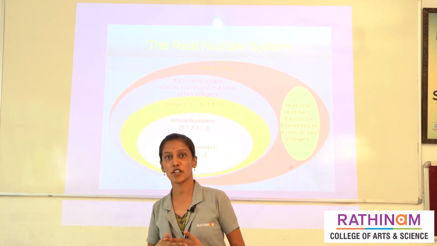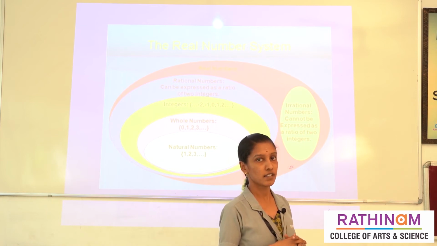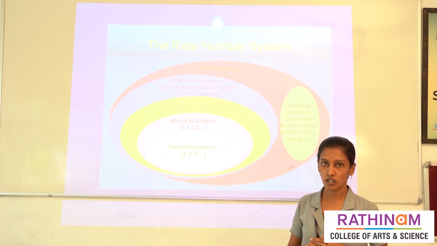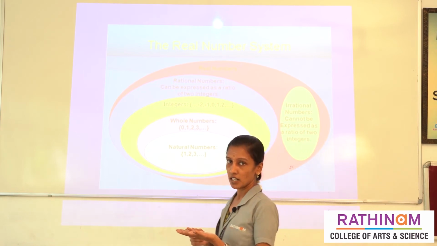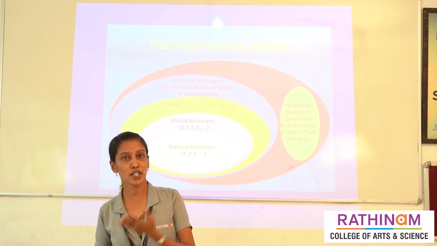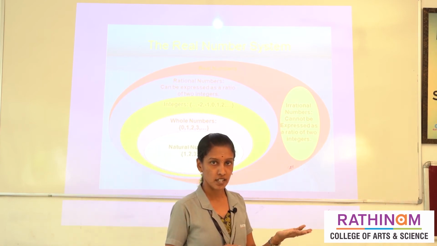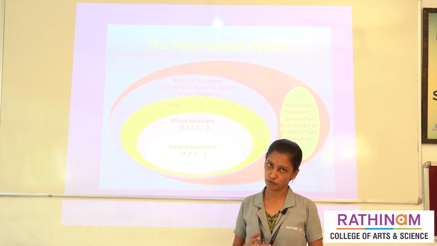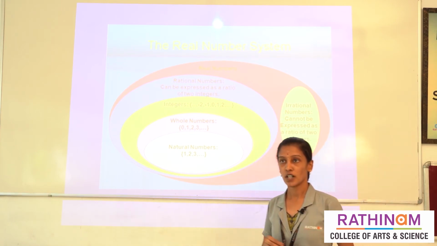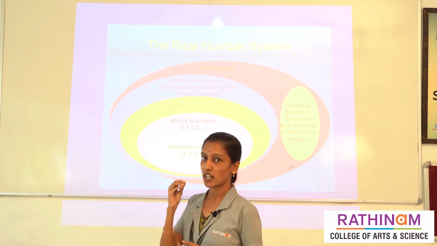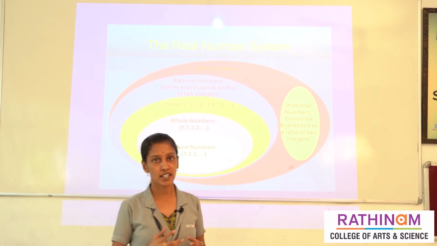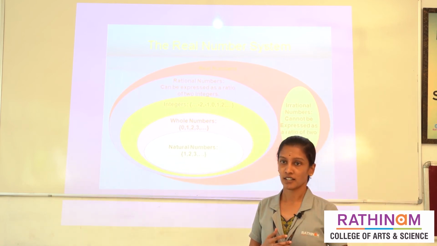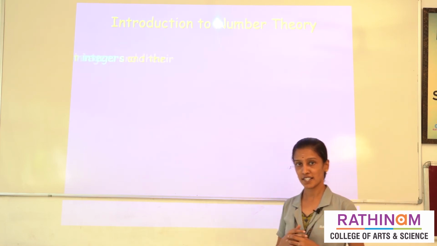Obviously the number 3 can divide 12 and the number 4 can divide 12. So 3 and 4 are divisors of 12. We can express 12 as a multiple of 3, because 4 into 3 gives 12, as well as a multiple of 4. A number is said to divide another number when the other can be written as a multiple of it. That is what divisibility means.